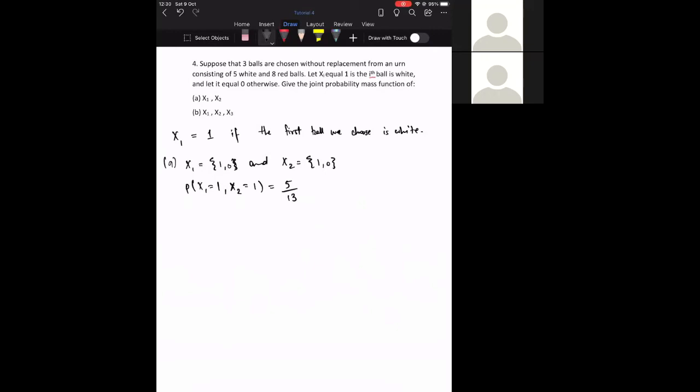And then we have x2 equals 1, which means that the second ball is also white. So this is 4 over 12. This just becomes 5 over 39.